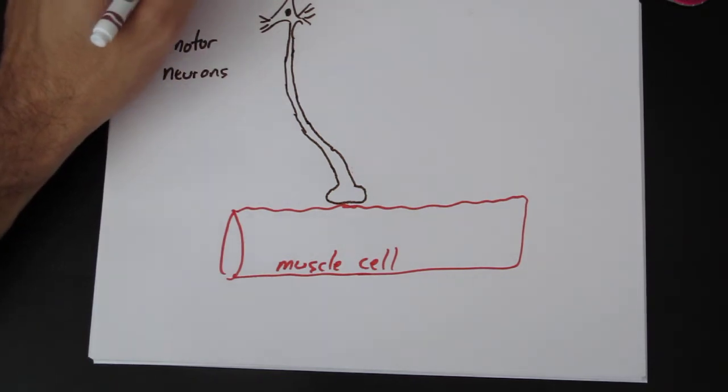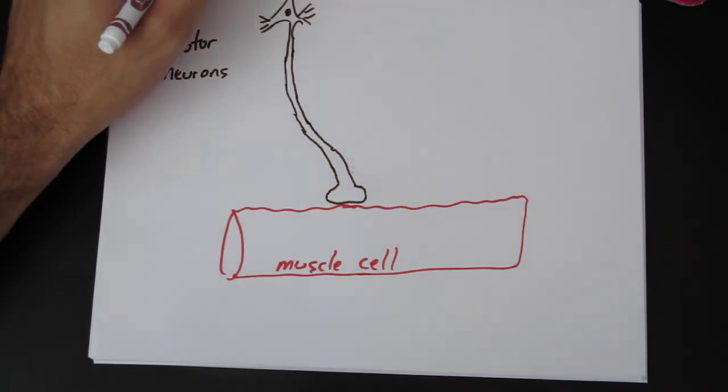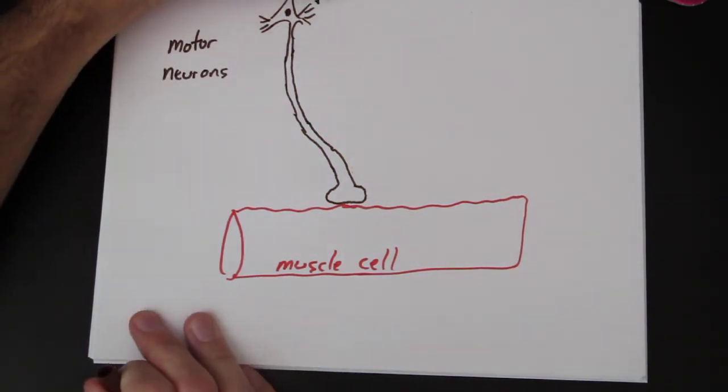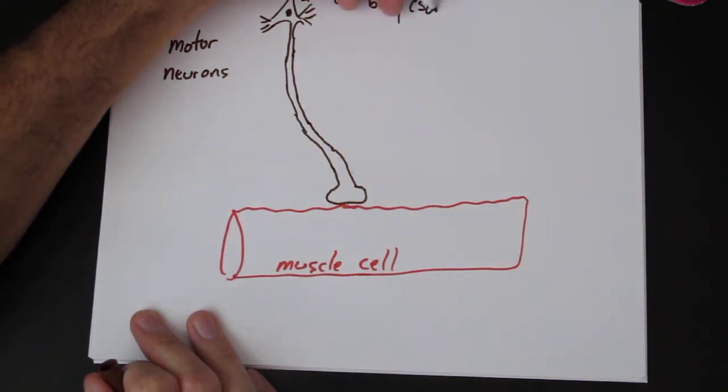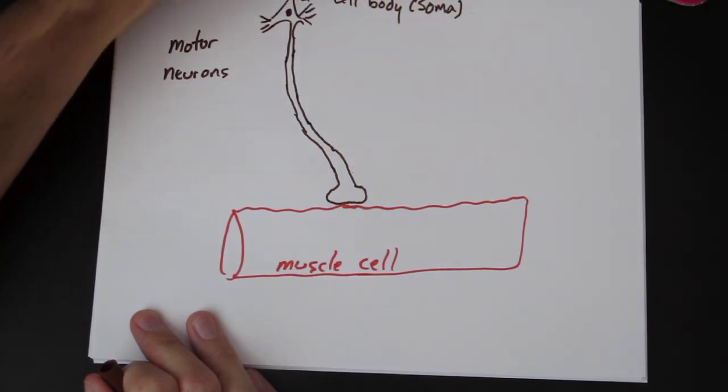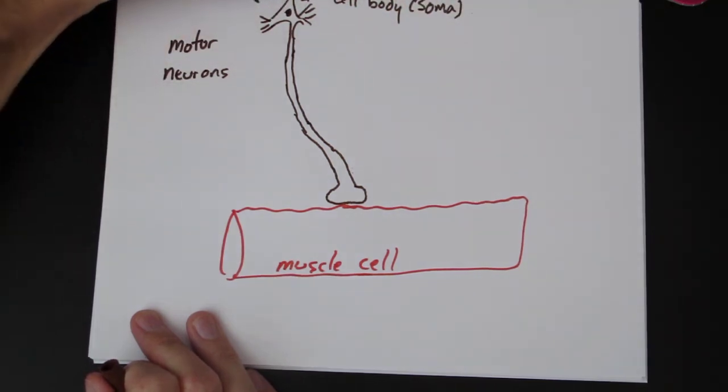We're going to talk about neurons in a lot more detail, but what we want to do is go over some basic things. This is called the cell body, or soma, of the neuron. There's the nucleus right there.